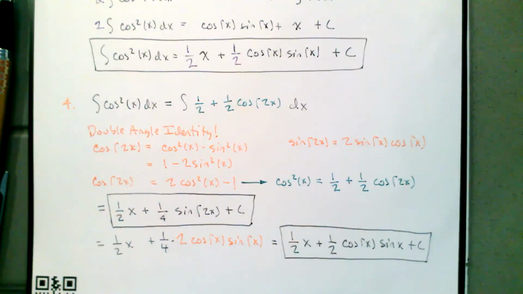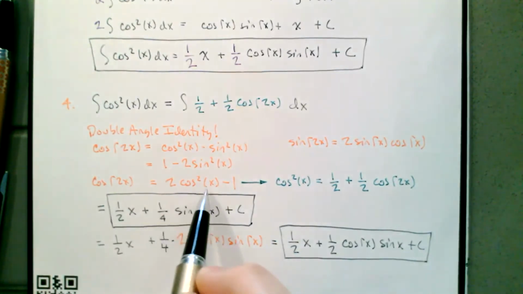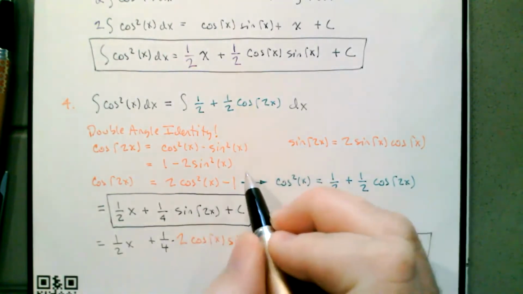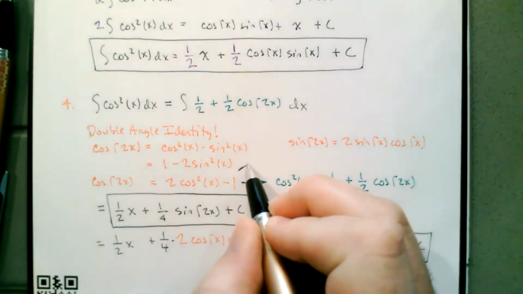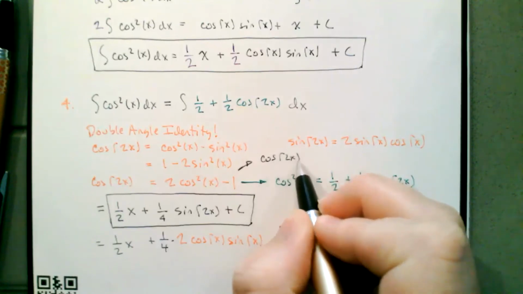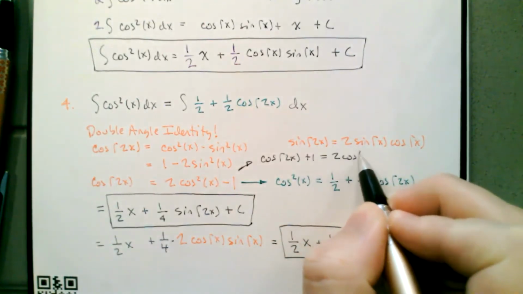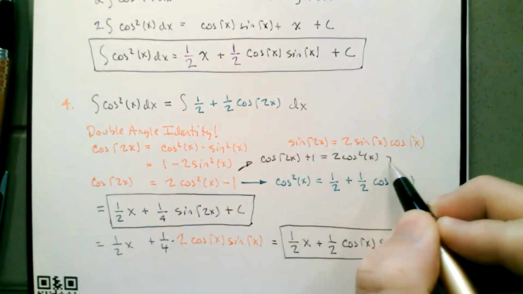Hey, Professor, could you talk about how you got 1/2 plus 1/2 cosine 2x? Yeah, I just took my double angle identity, which says cosine of 2x is 2 cosine squared x minus 1. And then I added 1 to both sides. So cosine of 2x plus 1 is equal to 2 cosine squared x, and then divide by 2.